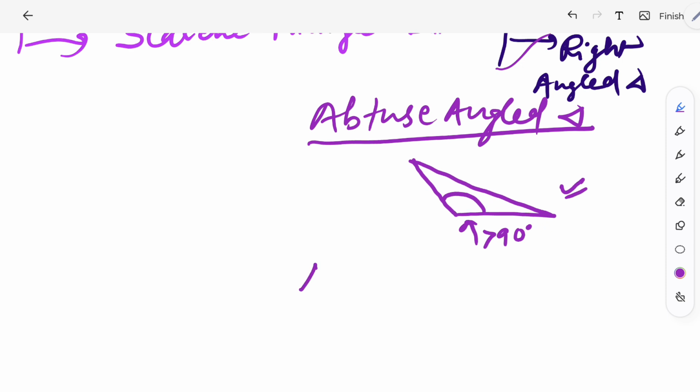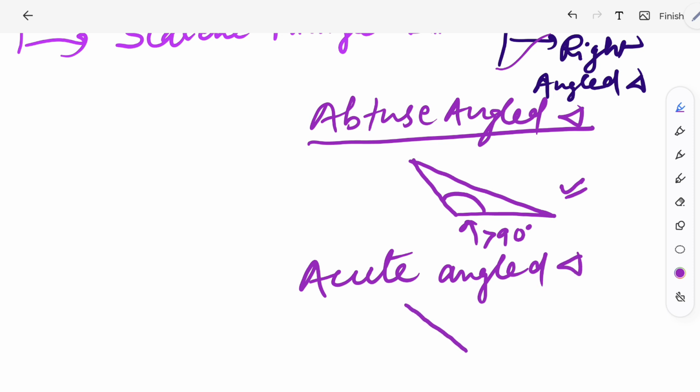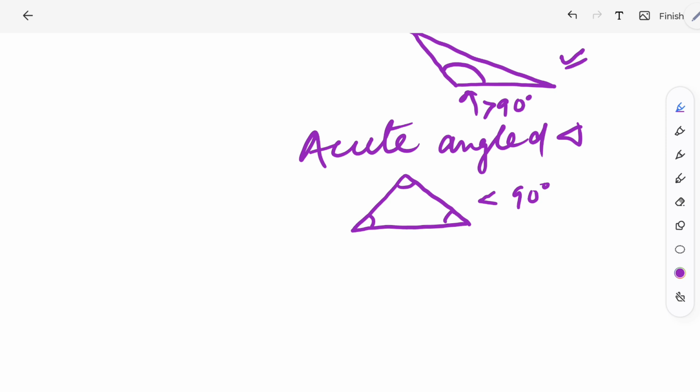An acute angled triangle is the triangle whose all three angles are acute, that is, less than 90 degrees and greater than 0 degrees.